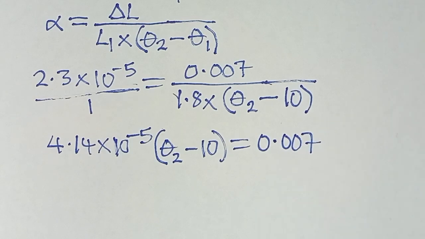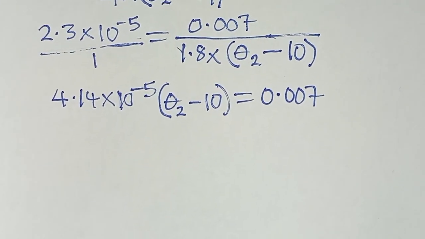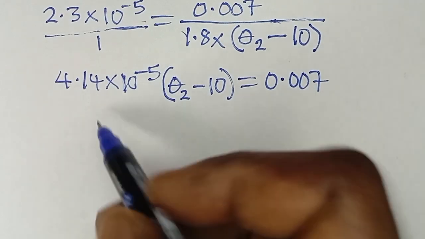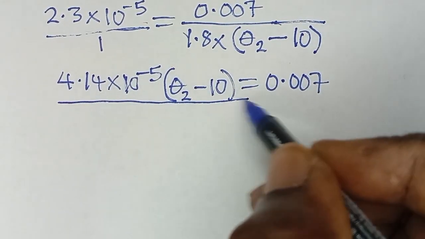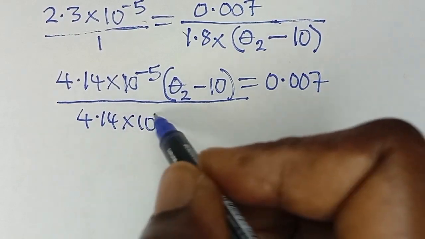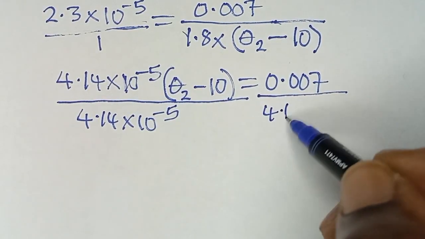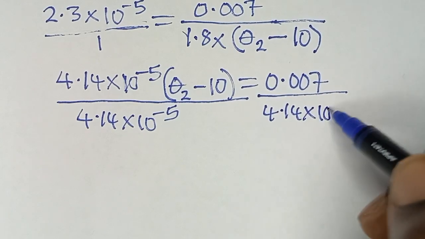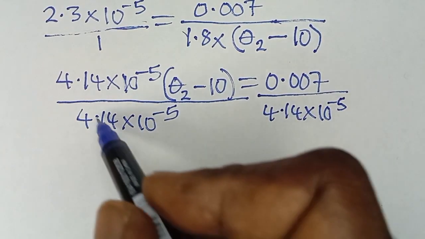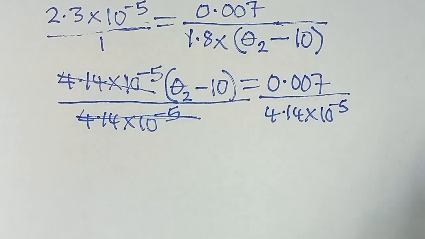Then the next thing for us to do now is to divide both sides. Let me divide both sides by this value here, which is 4.14 times 10 raised to the power minus 5. I also divide this side by 4.14 times 10 raised to the power minus 5, so that this value cancels this value here.